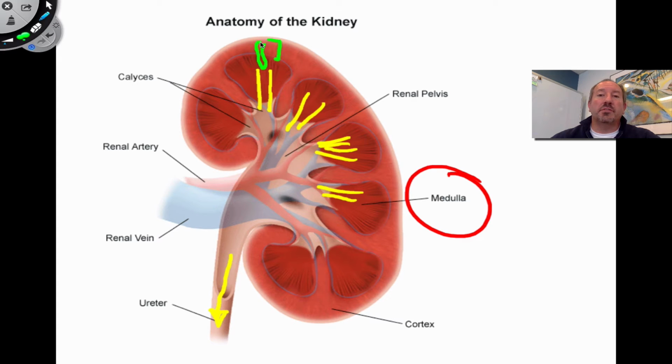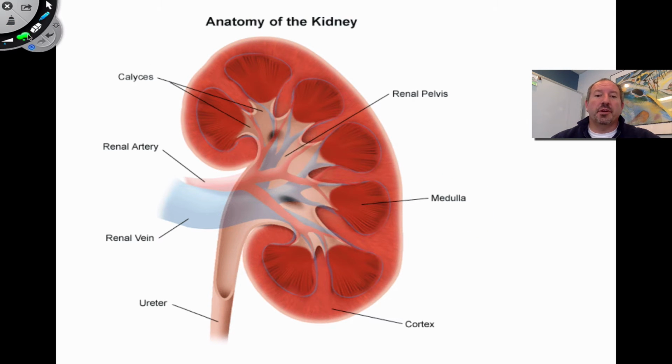This is obviously not what the nephron looks like, but I'm just giving you a bigger idea that there are nephrons up here, and this is where they're located in the kidney. You're like, wow, there's probably a lot of them. Well, it's an estimation, but we believe that there's about 1 million nephrons per kidney. So they're really small, and they're very important.